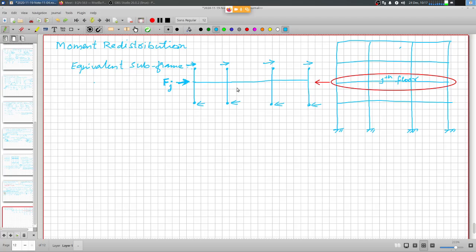So obviously if you look at the gravity load moments, they would be very small.